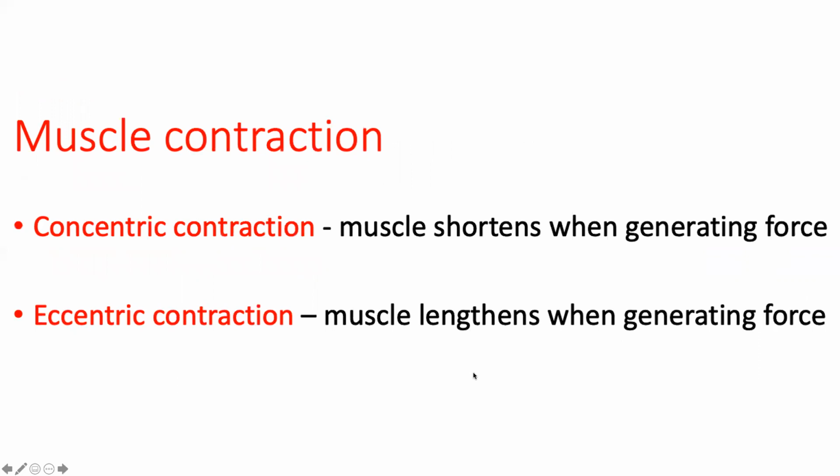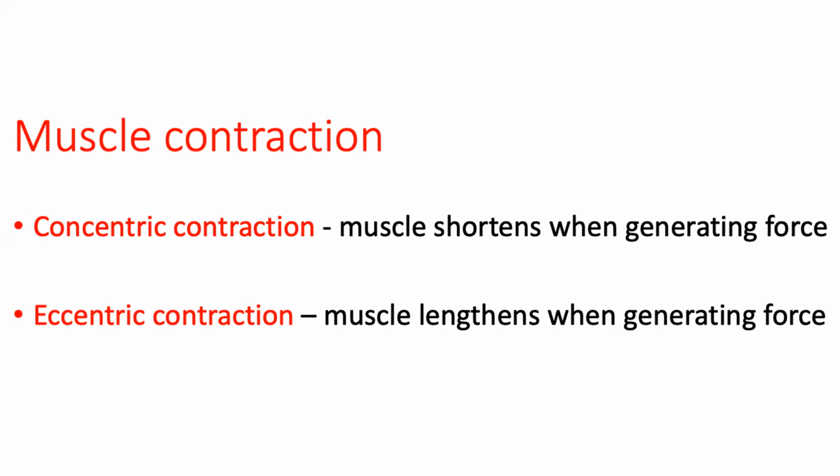There are two types of muscle contraction described in our textbook. Concentric contraction means the muscle gets shortened, like when we flex our elbow, the bicep muscle shortens. Eccentric contraction is when we stretch our elbow, and the bicep muscle lengthens.